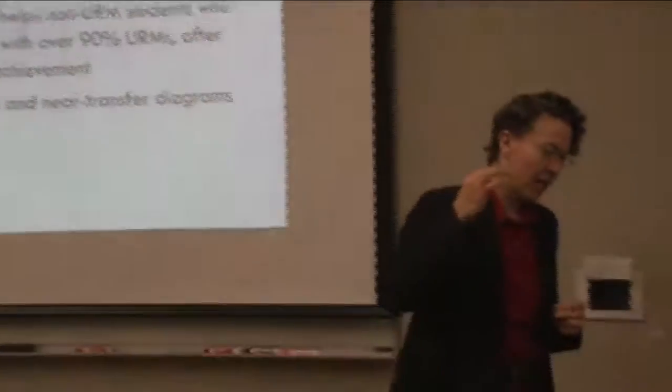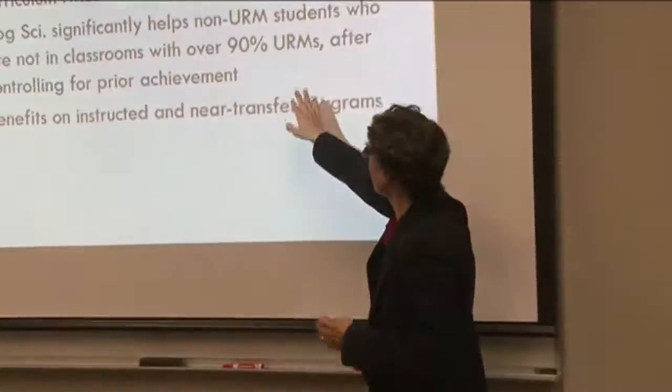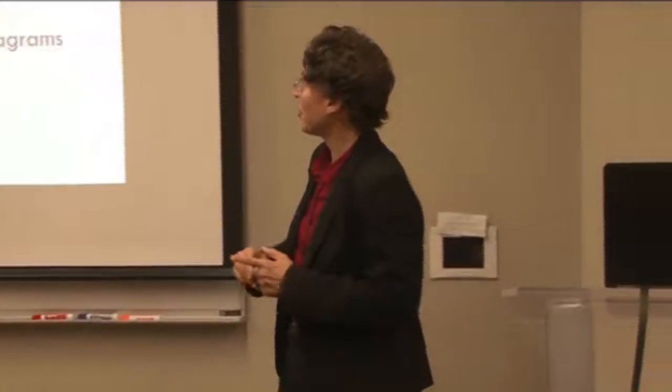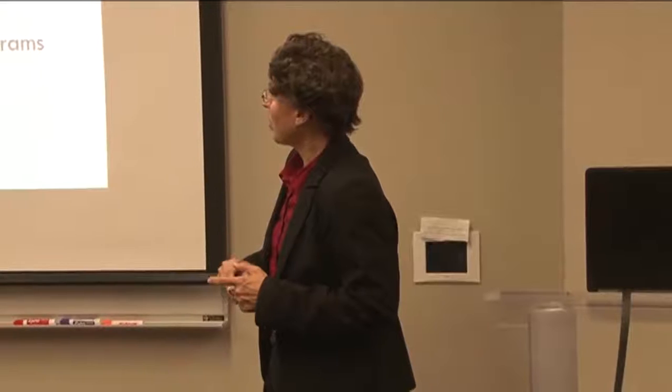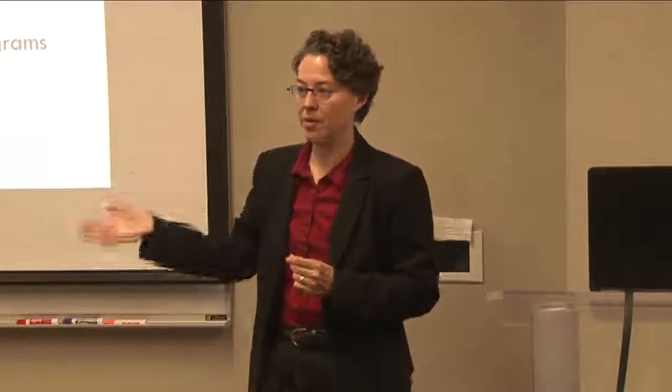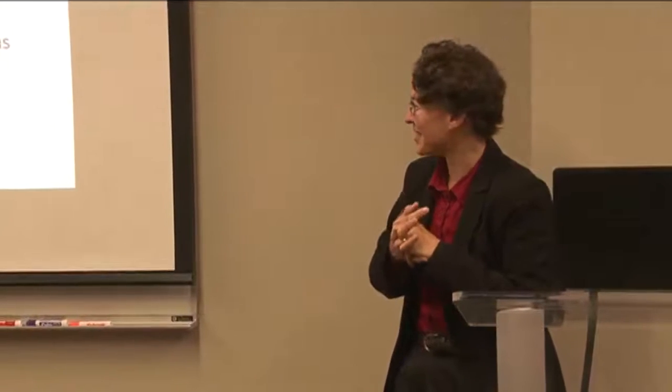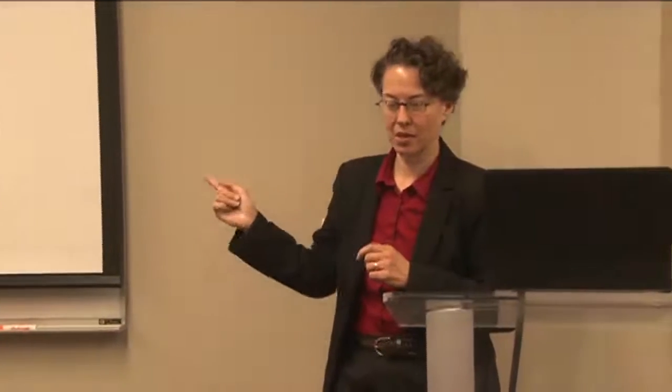What's disappointing here is that in the schools that were highly segregated, over 90% underrepresented minorities, we were not able to make a dent in the learning. But we were able to show effects on the state tests for diagram items, and there were slight differences across which type of diagram item there was. If you really want to know all the details, you should read the paper that Ting is on from Science Education. But we were able to get some transfer, which was very exciting to us.